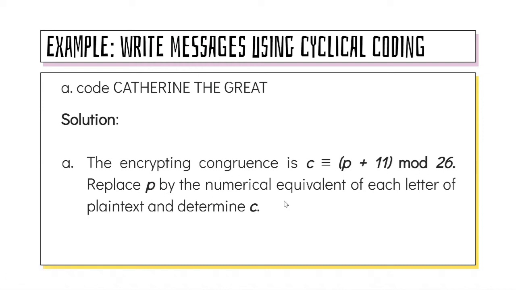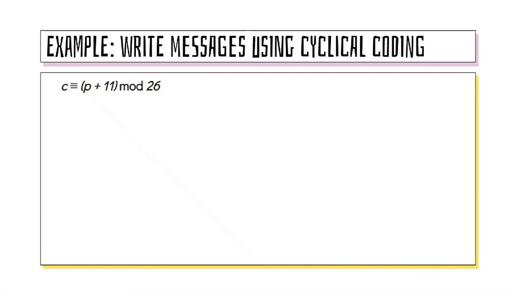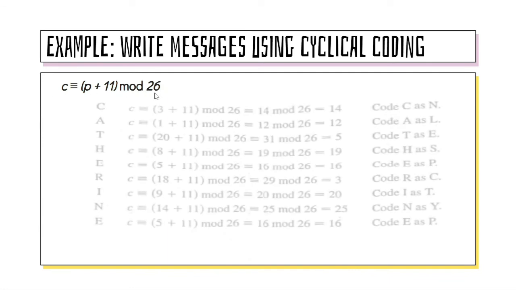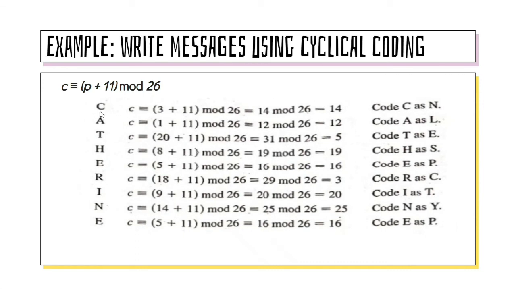Replace P by the numerical equivalent of each letter of plain text and determine C. Starting with letter C, it is the third letter, plus 11, the positions, mod 26, is equal to 14, mod 26.